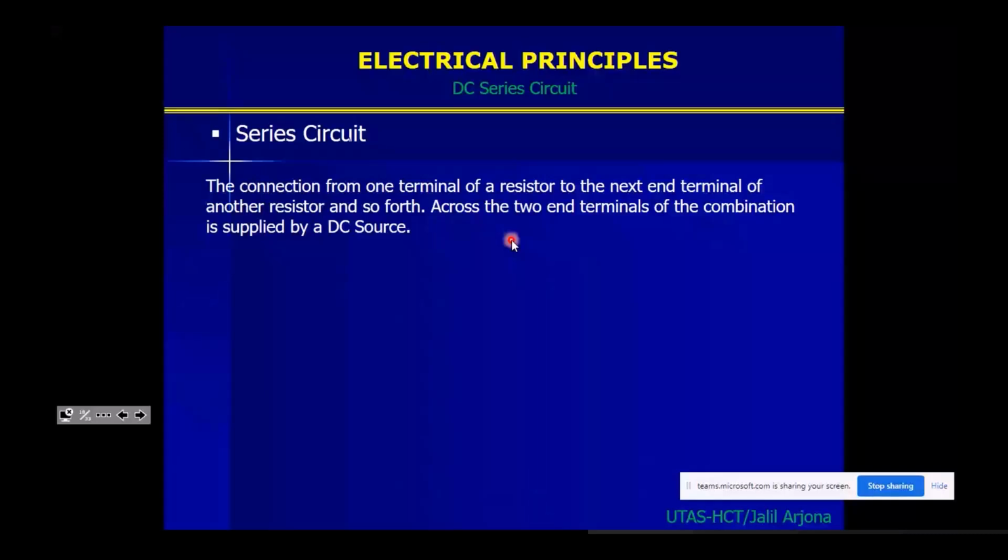Anybody can tell me your basic understanding of the word series?